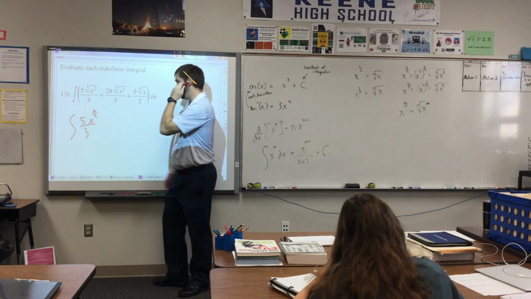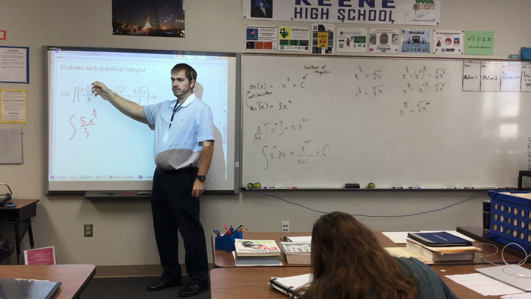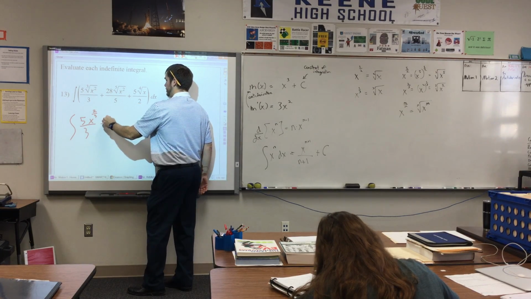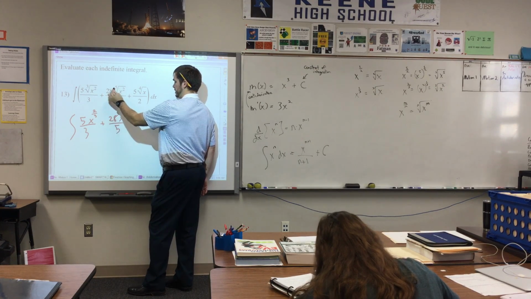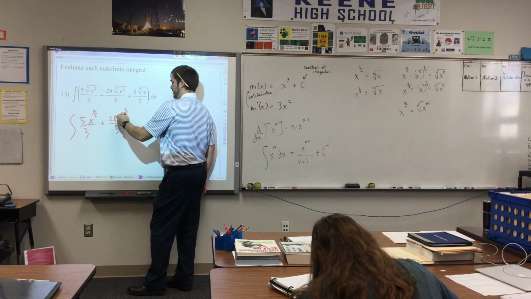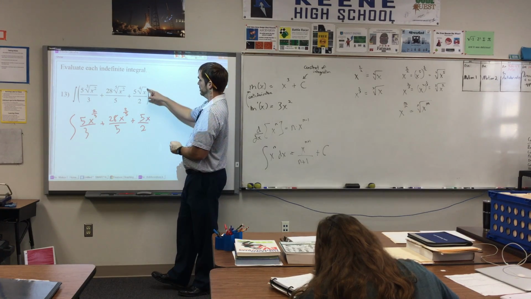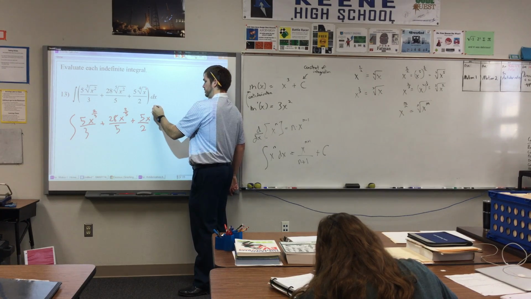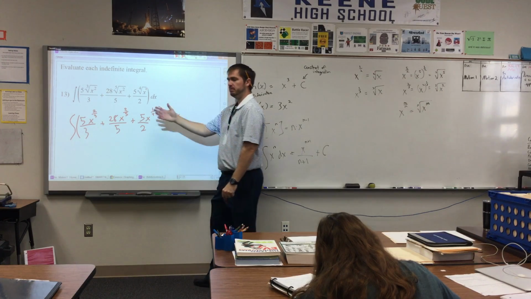Yep. The exponent here is the numerator, and the nth root is the denominator. Plus 28 over 5 times x to the 2 over 5, plus 5 over 2 times x to the, there's a 1 right there, so 1 over 4. And we just did a problem like that.